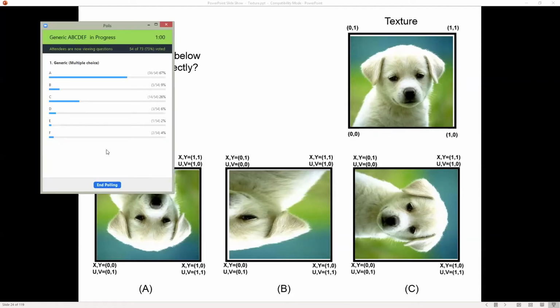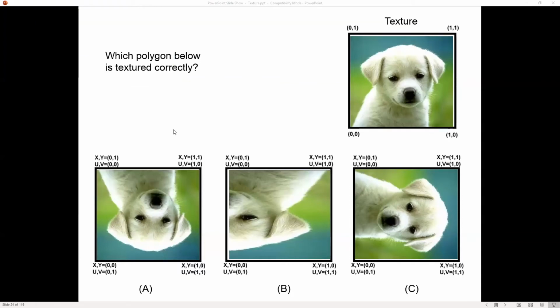I just want to let you see the breakdowns of how people voted, because I think it's useful to be able to see there's a variety of things that people think. So let's take a look at these different options.